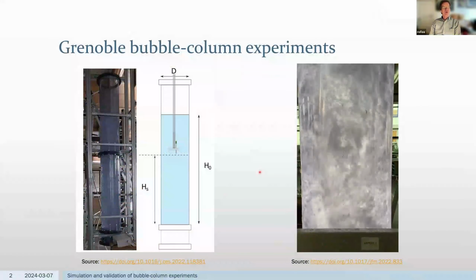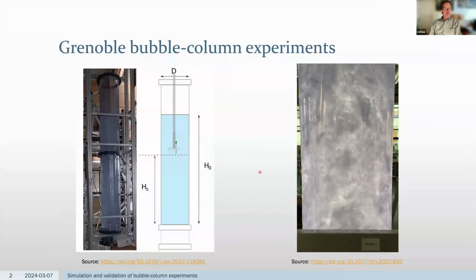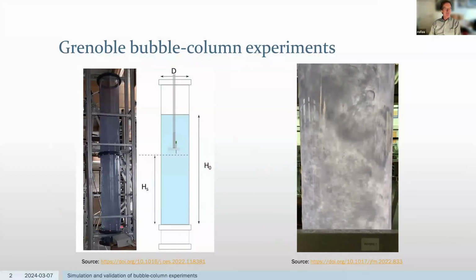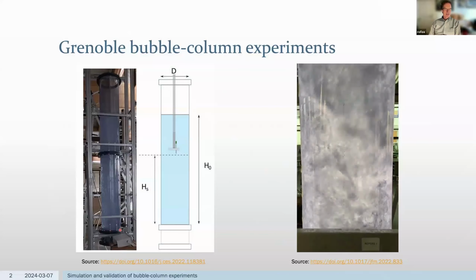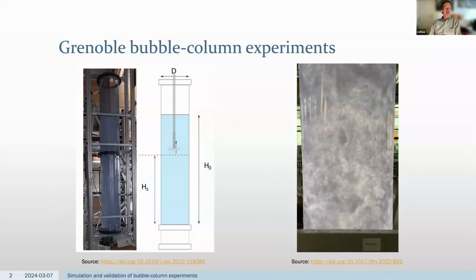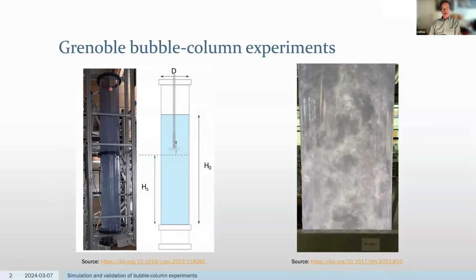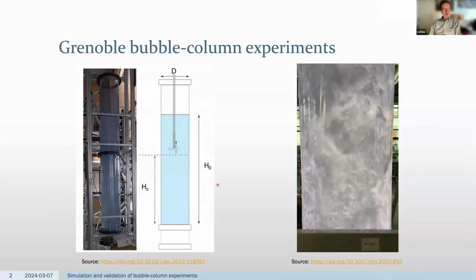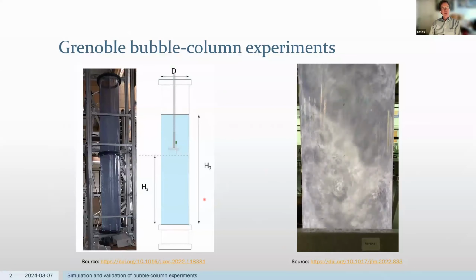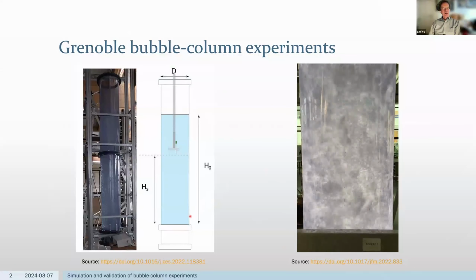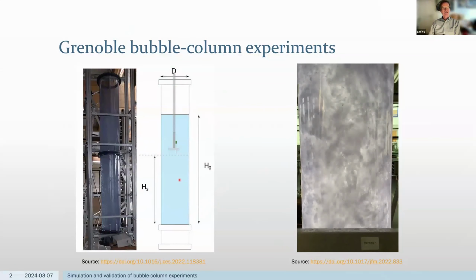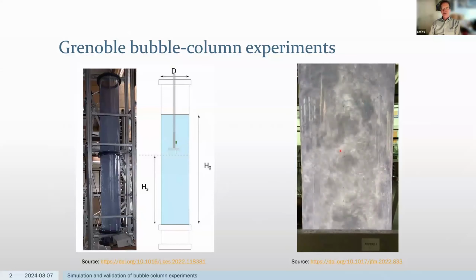Okay, so the Grenoble bubble column experiments. Here's a picture of the bubble column. It's 40 centimeters in diameter and, including the top, about 3 or 4 meters high. We took this from their paper. We'll be comparing measurements that are done mainly in the heterogeneous regime, which is shown in the picture here.